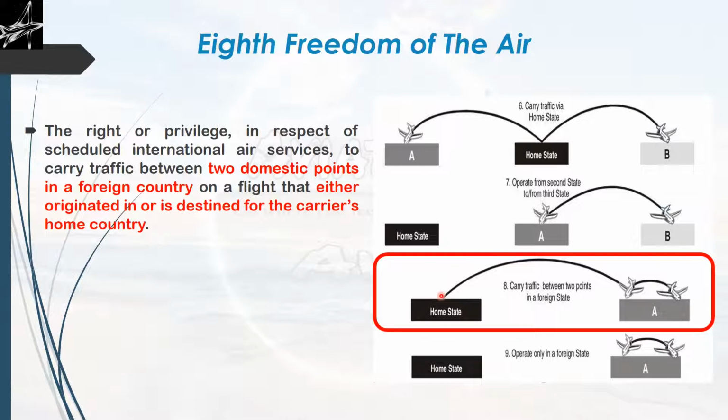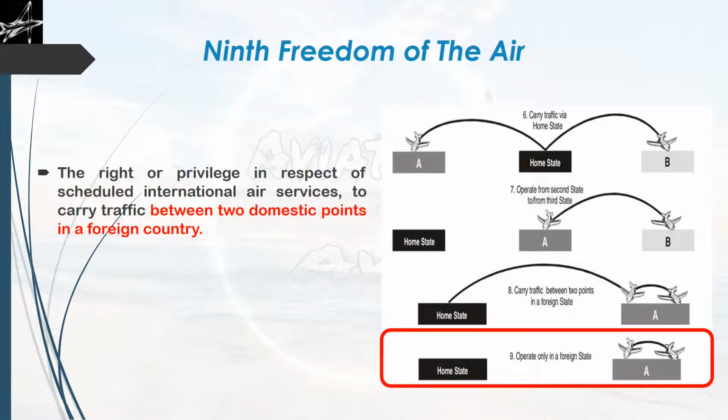The airline of the home state flies from the home state to country A, offloads the traffic that it brought in from the home state and onloads further traffic for another domestic destination in country A itself. This is also referred to as cabotage privileges. In aviation, cabotage means the right to operate passenger flights within the domestic borders of a country by an aircraft registered outside that country.